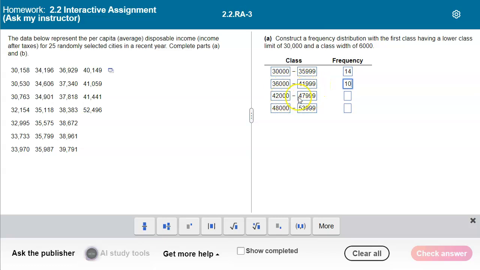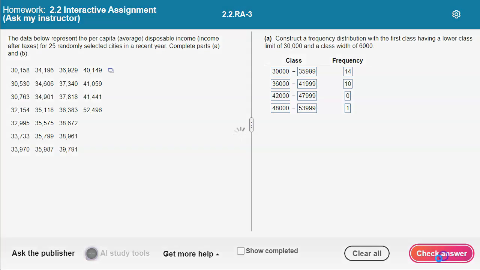For the next interval, okay, I come back here to my data, but I don't see any data between 42,000 and 47,999. So there are 0 pieces of data there. And then for this last interval, there's just this 1 piece of data that falls within that interval, so there is a 1.